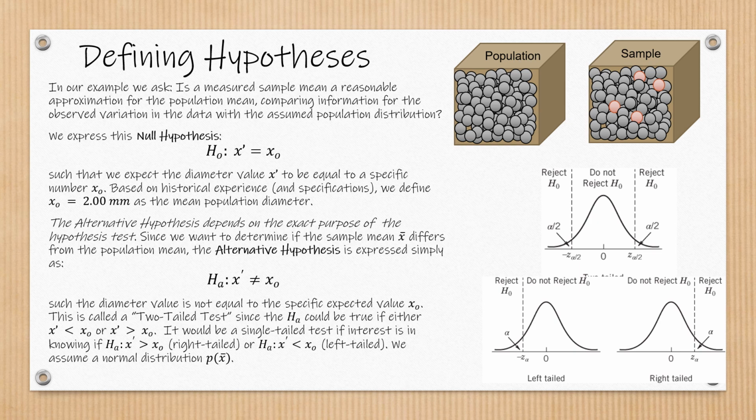This is called a two-tailed test, such that the alternative hypothesis could be true if either x prime is less than x naught or x prime is greater than x naught. It would be a single-tailed test if interest was in knowing if the alternative hypothesis was x prime greater than x naught, right-tailed, or x prime less than x naught, left-tailed, assuming a normal distribution.